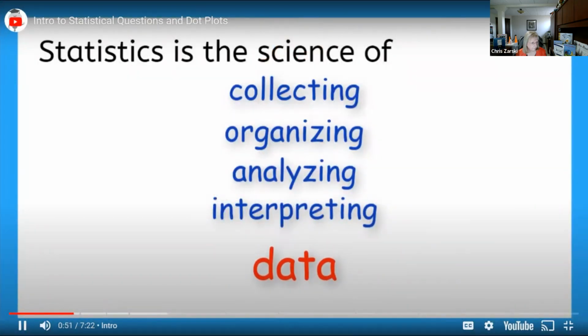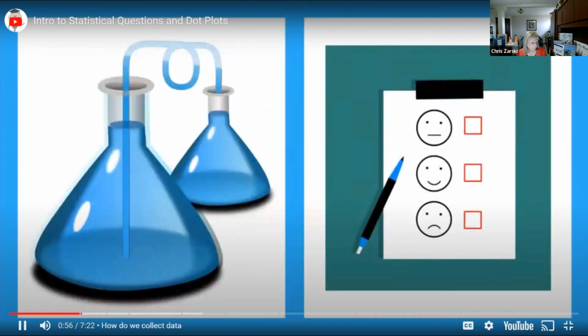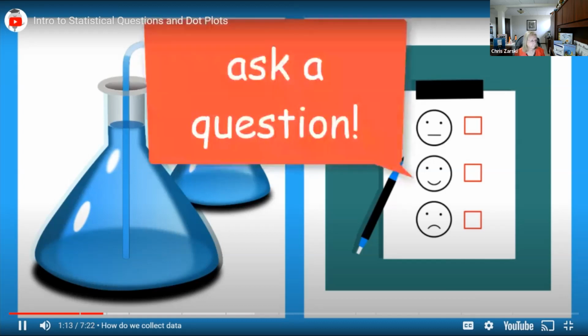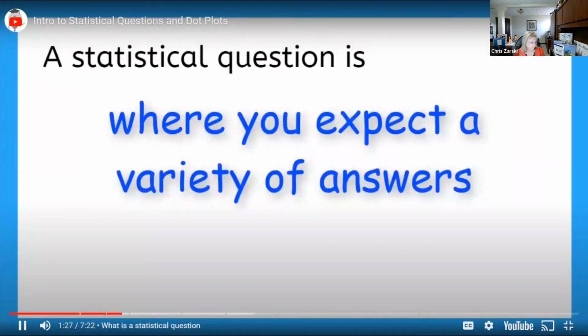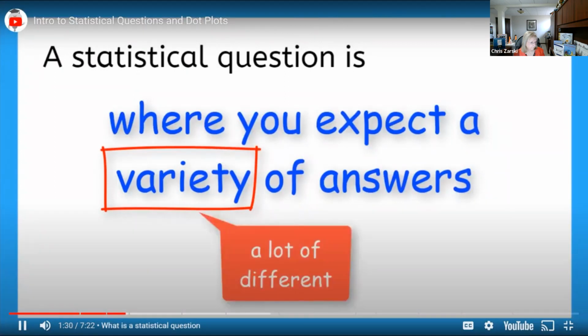In statistics, data is very, very important. But how do we collect data? There are a few ways. We can run an experiment or have a survey. But in both of these ways of collecting data, there is one main thing in common. We have to ask a question. When we ask a question to collect data, it needs to be a statistical question. A statistical question is one where you expect to get a variety or a lot of different answers.